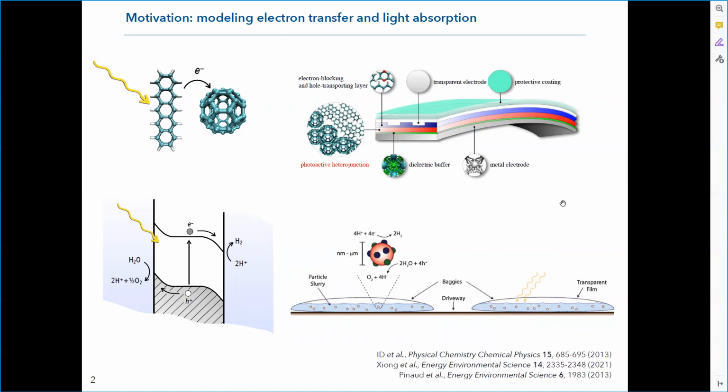And here the question is to be able to calculate the energy levels of the donor molecule and acceptor molecule in order to understand light absorption by the donor molecule, and then how an electron can possibly jump from the donor to the acceptor. This is also relevant in the field of photocatalysis, where we're interested in the ability of semiconducting nanoparticles to split water once they absorb solar light.